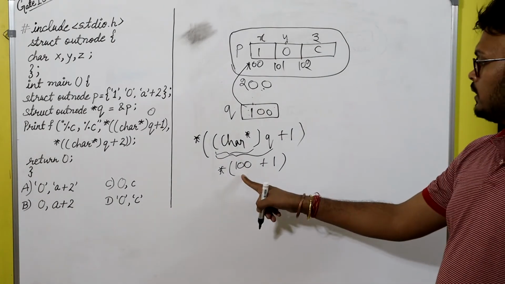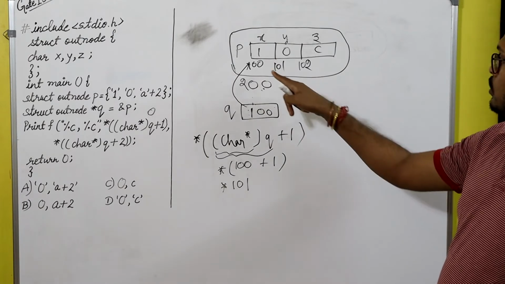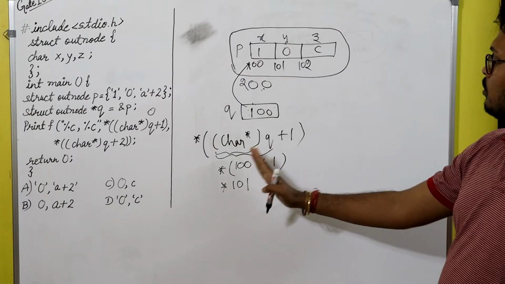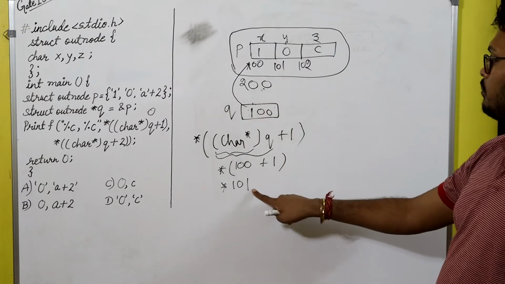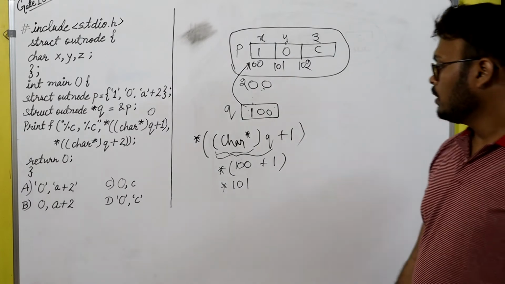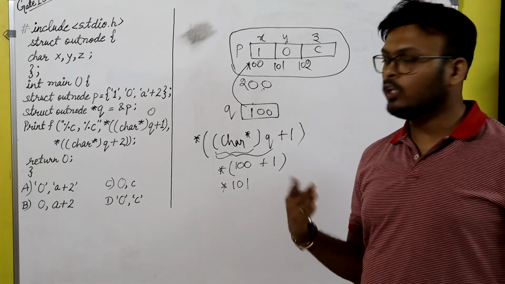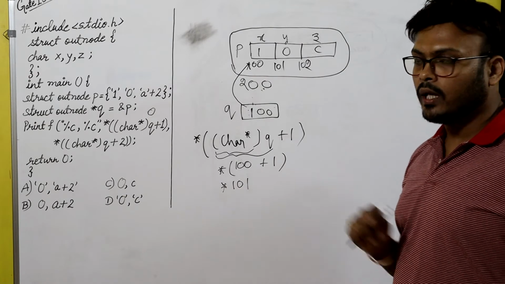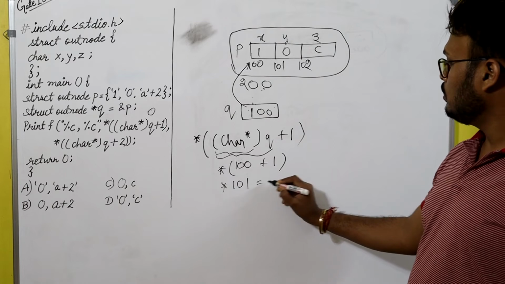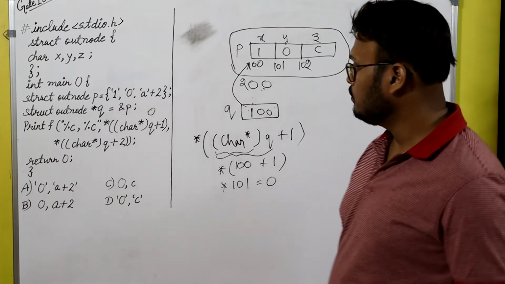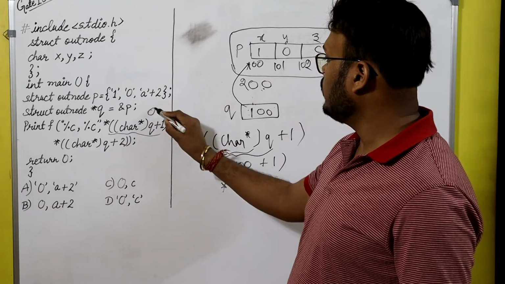So this is equivalent to star of 101. It means what? Plus 1. Just move to the next location. So what is the address of the next location? 101. So I have written here 101. Okay. So star of 101, what does it mean? It means value at the address 101. Okay. So what is the value at the address 101? It's 0. It means what? 0 is printed here. Okay.